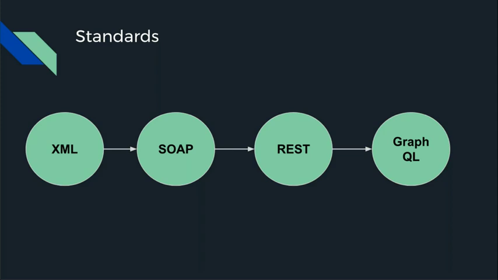Then REST came. REST came to fix the issues with SOAP. SOAP was so complicated and not flexible at all, and has some performance and security issues. So REST relies on the HTTP protocol and methods to exchange data in the API. For example, if you want to query data, you use GET. If you want to create data, you use POST.